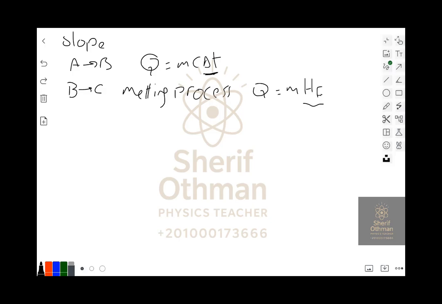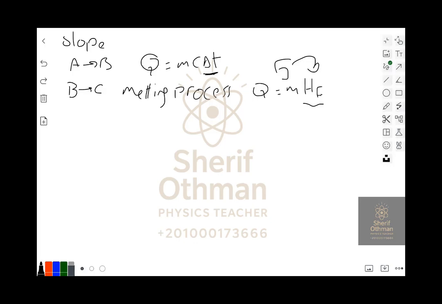So, if I have a mass of 5 kilograms, I'm going to multiply 5 by the heat of fusion, which belongs to water. If each 1 kilogram needs 1,000 joules, the 5 kilograms will need 5,000 joules.